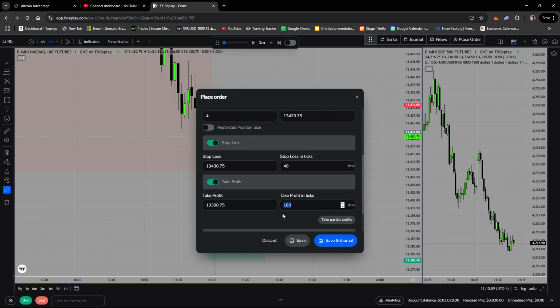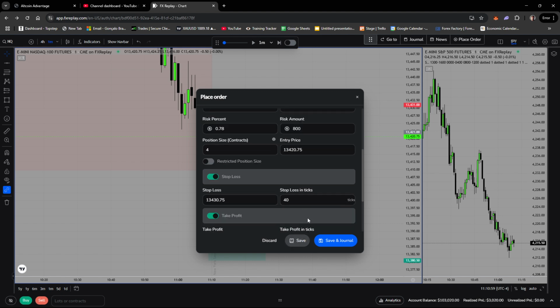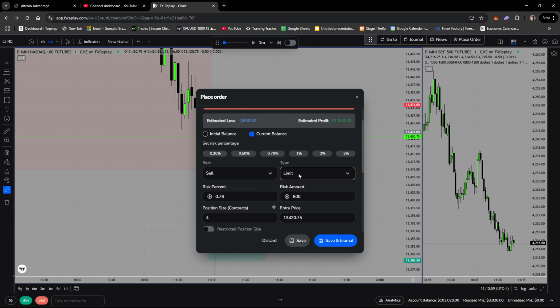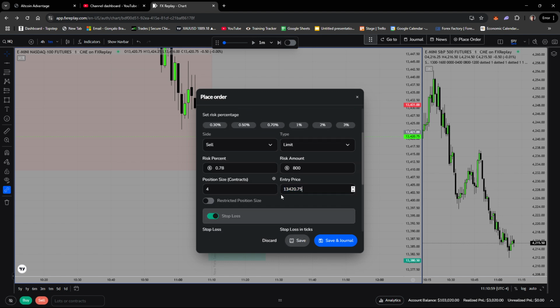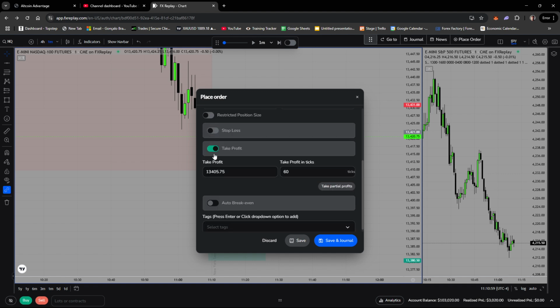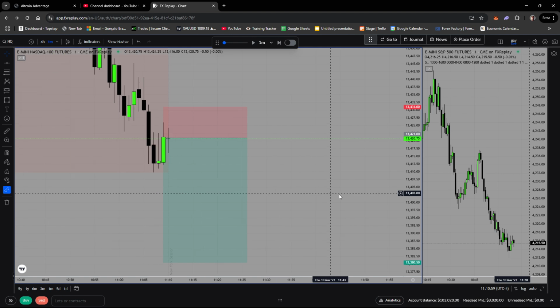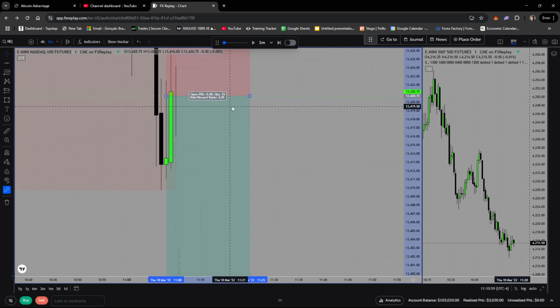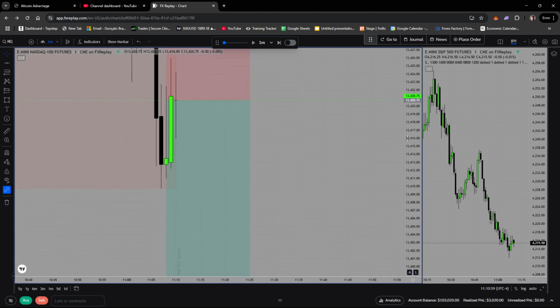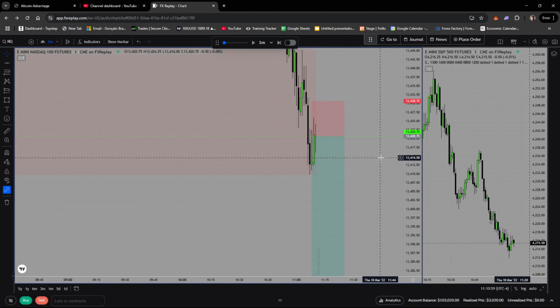40. 60. Sell limits. It is below price. It's not below. It's fine. Okay.